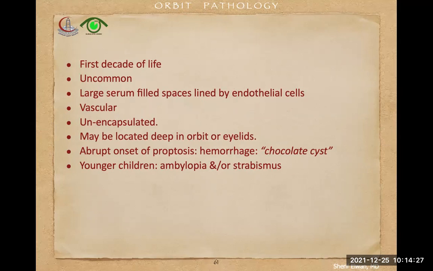But the mass itself is vascular. That means the septa in between are infiltrated by vessels. It's unencapsulated like a capillary hemangioma, not like a cavernous one, maybe located in the deep orbit or in the eyelids. Sometimes it's small, and when it is exposed to trauma, it gets hemorrhage inside.